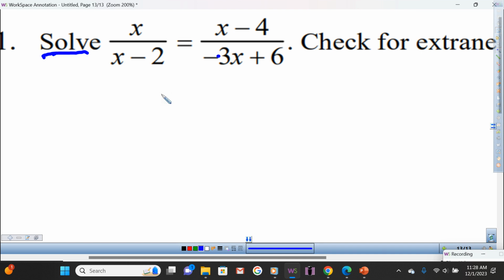So tell your neighbor what to do first. What do we do first? Okay, good. Brandon, pass someone. Danny. Cross multiply, so we go x times that, so I'm going to write it out. X times negative 3x plus 6 equals, and then?